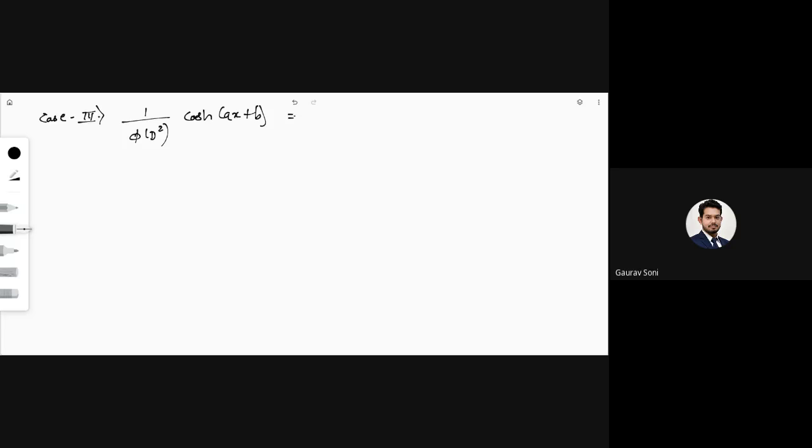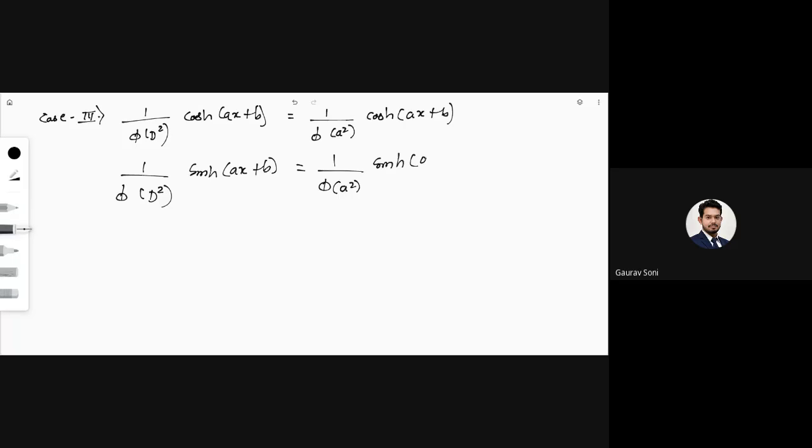So that is 1 upon phi of a square cos h of ax plus b, and 1 upon phi of d square sin h of ax plus b will be equal to 1 upon phi of a square sin h of ax plus b.